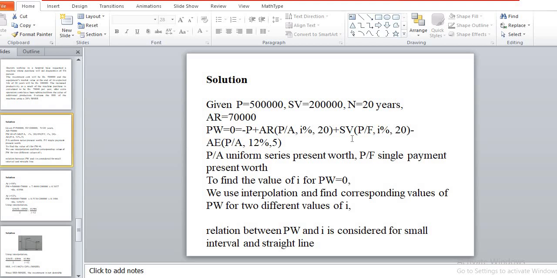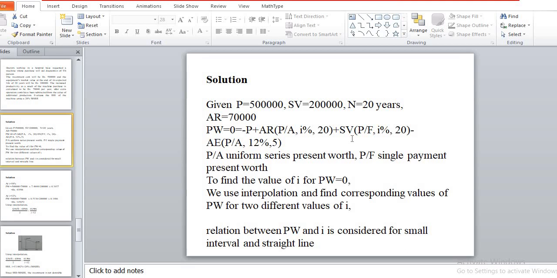After 20 years, the machine still has a salvage value of 2 lakh. The annual revenue from this machine is 70,000. Now we put all these terms into the present worth formula.